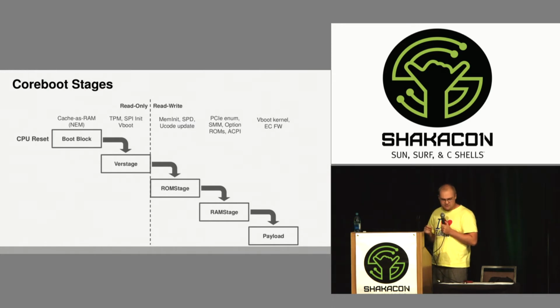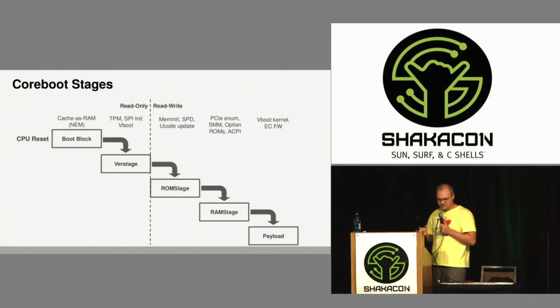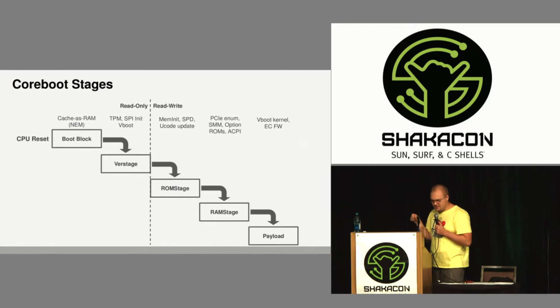So the RAM stage verifies the payload and switches execution to the payload. The payload basically finishes the initialization, including graphics initialization, and it calls the verified kernel, which continues the chain of trust up to the application level.